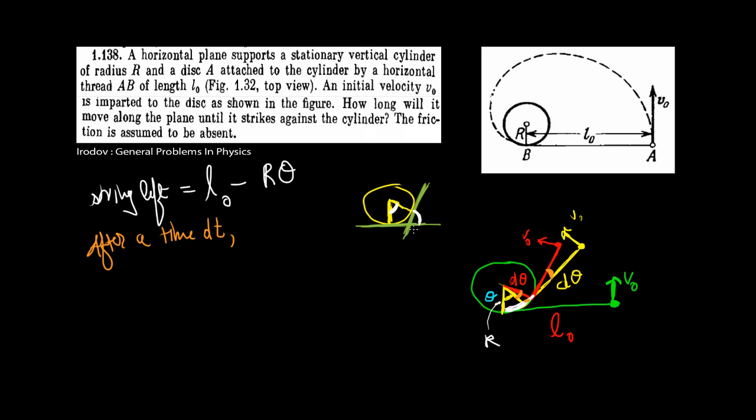That is, the angle between the radii is equal to the angle between their respective tangents. So that angle is also d theta.